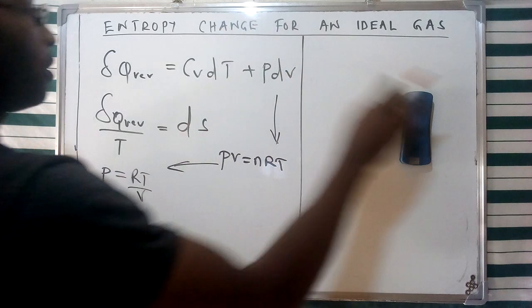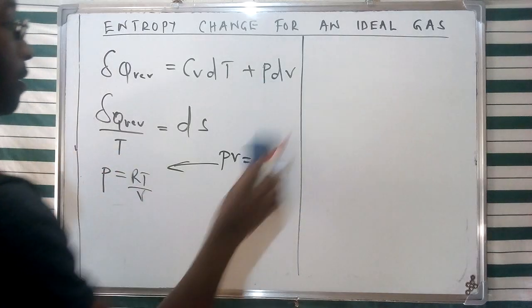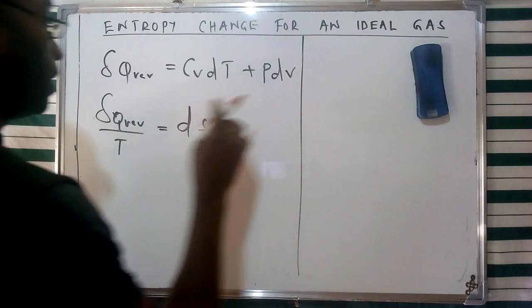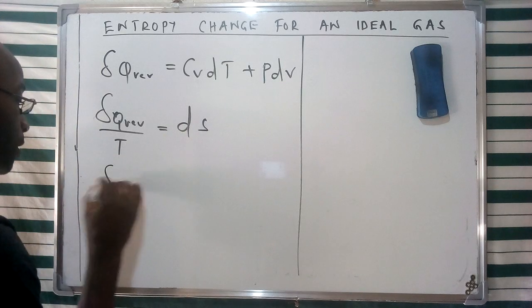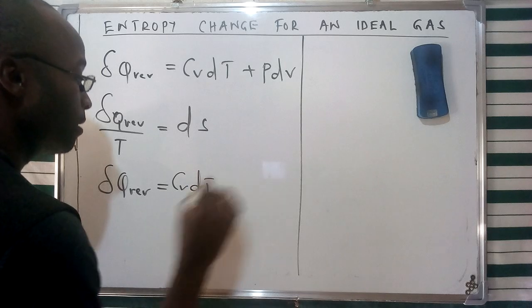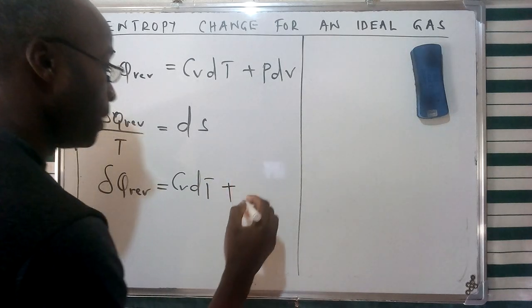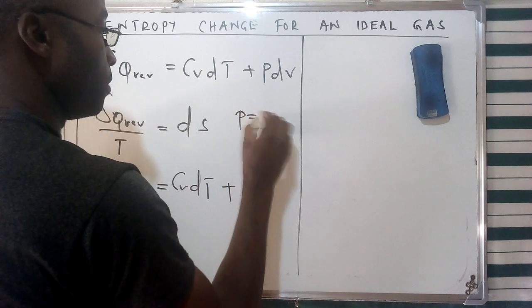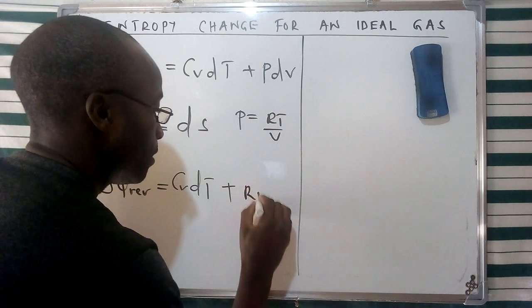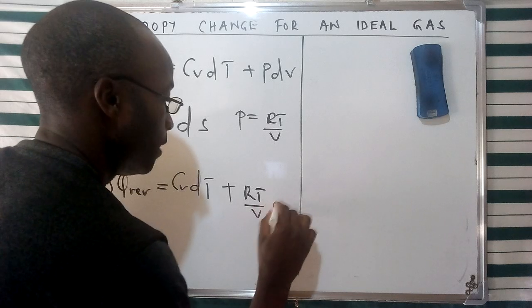So we can have a second version of this equation using this representation for pressure from the ideal gas, whereby Q reversible is equivalent to Cv dT plus, now the pressure which I've said is going to be represented using RT over V, so we're going to have RT over V dV.